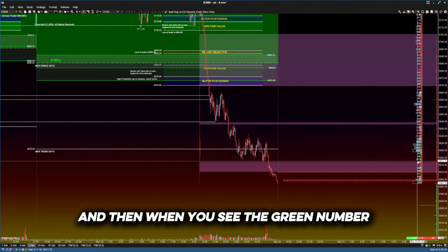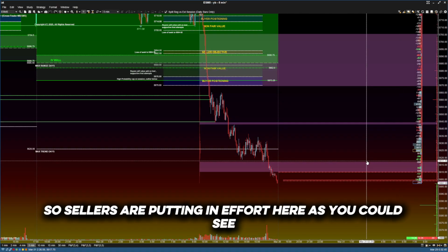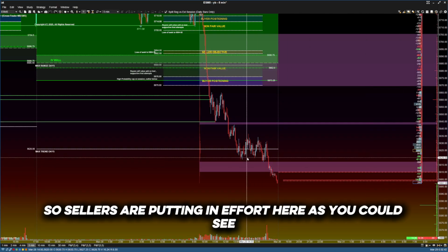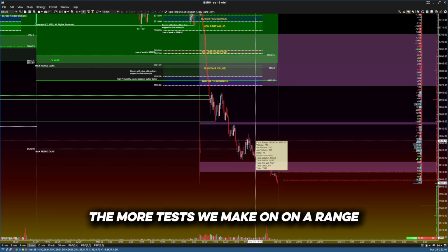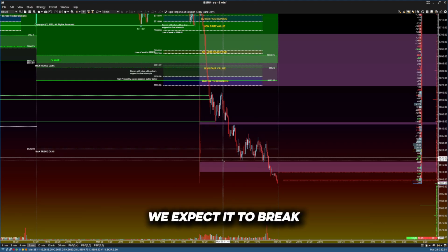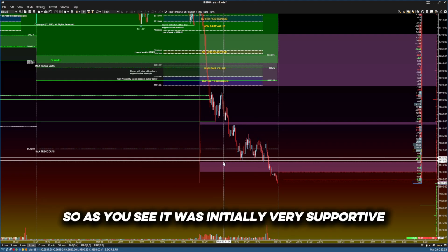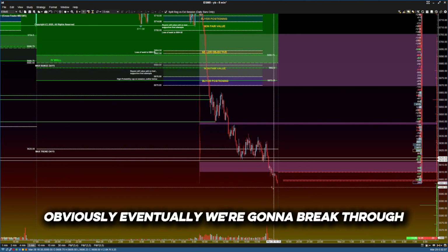And then when you see the green number with the negative delta, that's seller absorption. So sellers were putting in effort here, as you could see. And obviously, with the rule of three, the more tests we make on a range, we expect it to break. So as you see, it was initially very supportive, and then the more times we tested it, eventually we're going to break through.